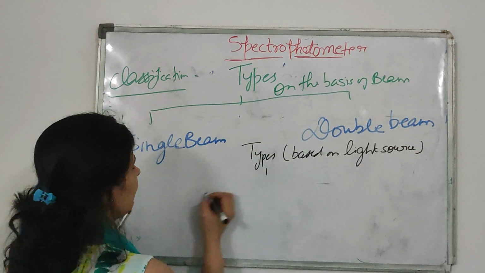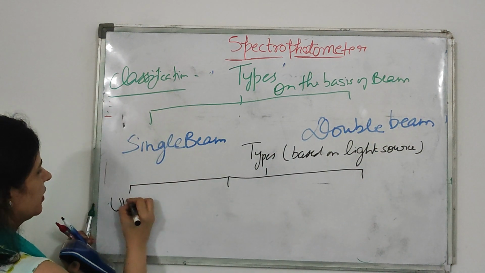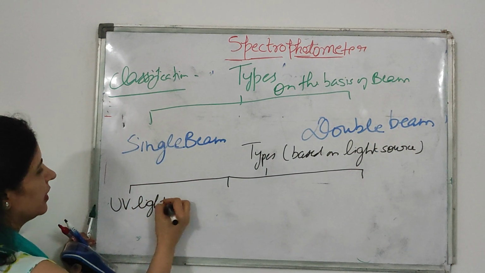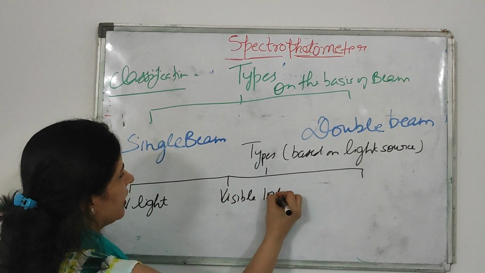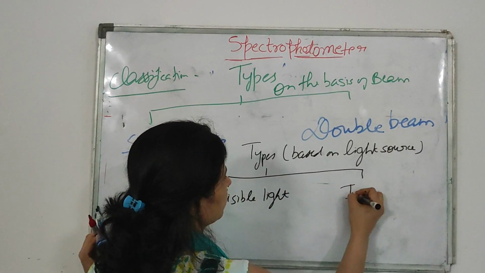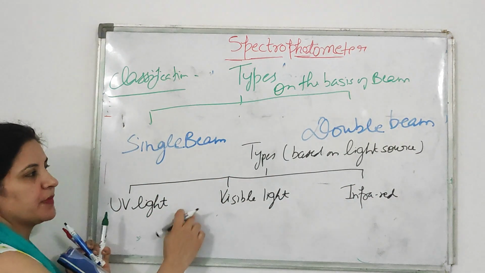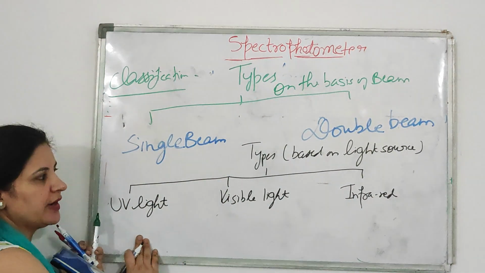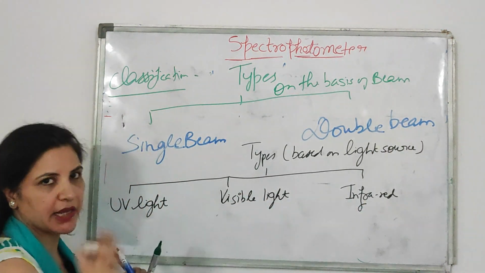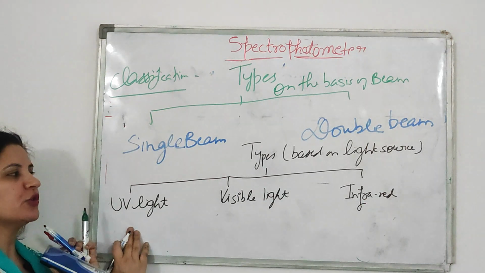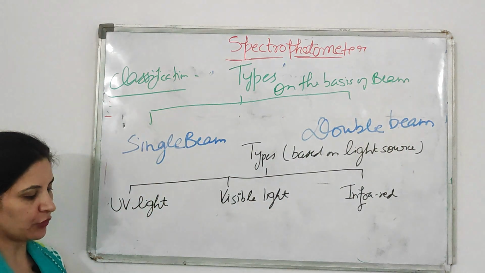On that basis, the spectrophotometer is divided into three types: UV light spectrophotometer, visible light spectrophotometer, and infrared spectrophotometer.